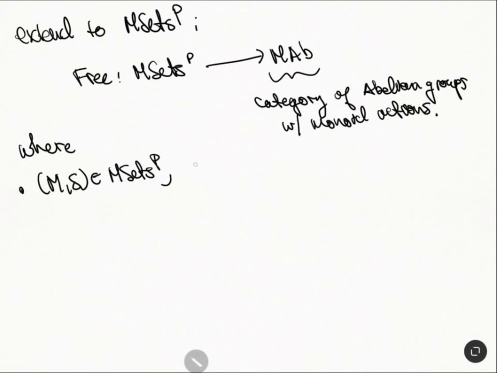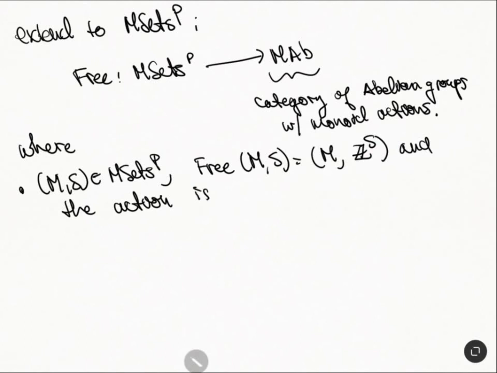So free of MS is, M of course, then we have Z to the S, the free group on S. And the action is the usual one: M dotted with a combination of elements is defined to be the action that extends linearly. And then we have to define what it does to maps.